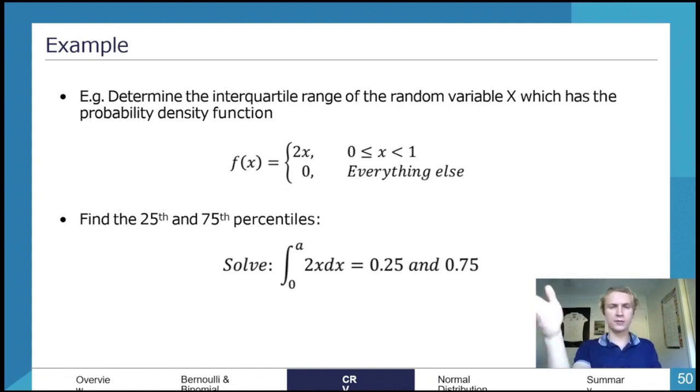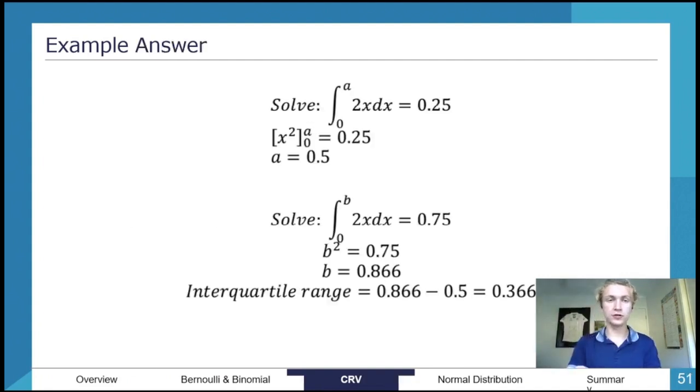It's a similar concept to when we were talking about median, right? Except this time we're talking about Q1 and Q3. Q1 being 25%, 75% for Q3. So we just solve for those two. We find that A equals 0.5, so that's for the Q1. Then we solve for B, and we find that it is equal to 0.866. Therefore, interquartile range is 0.366.